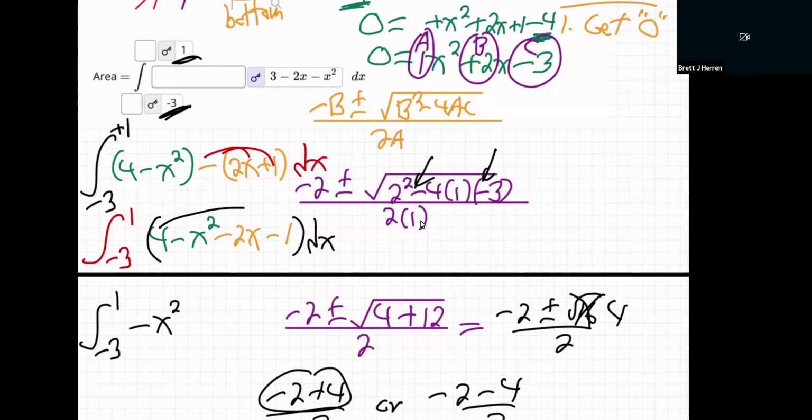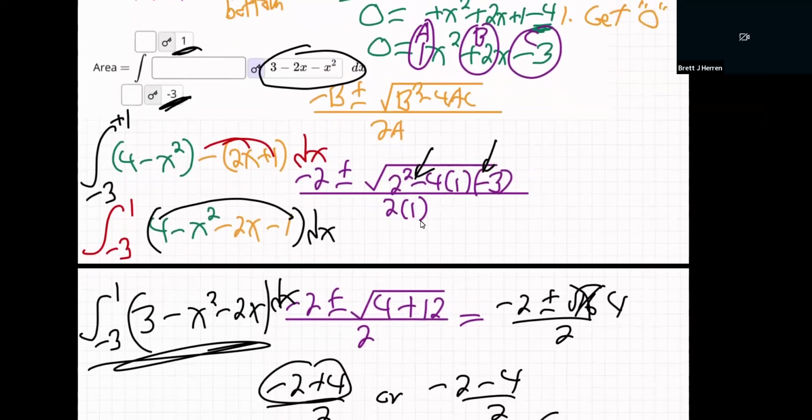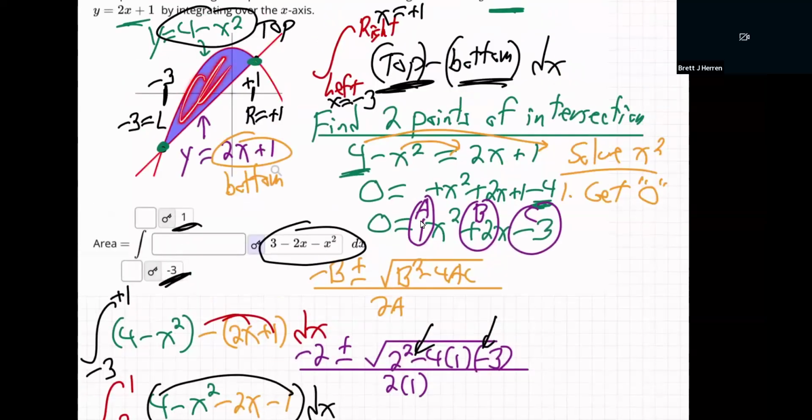You just need to combine 4 take away 1. That's 3 minus x squared minus 2x dx. That's what they said. They put a little bit different order, but there it is. That's the integral you would need. We're going to stop there. We're just setting up the integral, not computing it, but that's the integral you would compute to find the area in between. And so there we go.